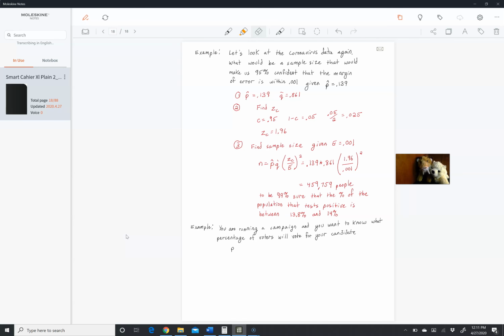So your estimation for the sample proportion is 0.41. Okay, just so that you know, I'm going to put it back on the other page.